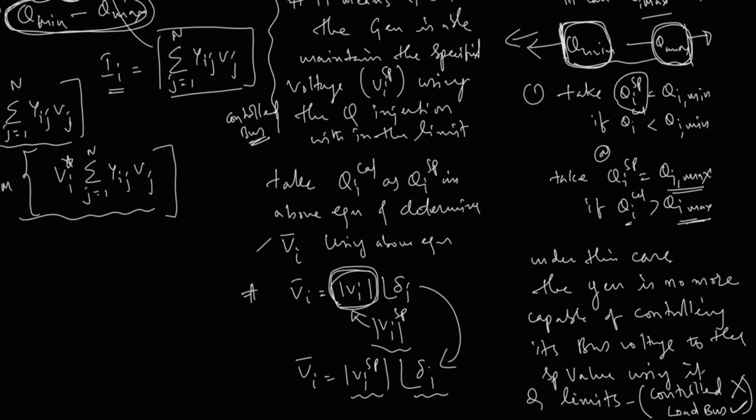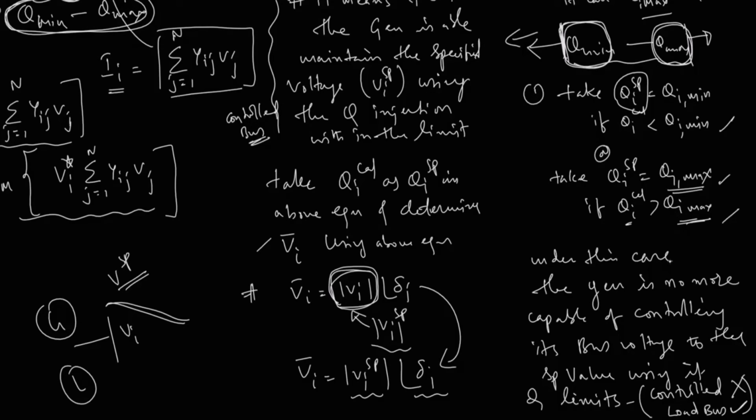Now when it is not supplying the required amount of reactive power to maintain the voltage, and it is freezing its limit to either minimum or maximum, then accordingly its bus voltage will deviate from the specified quantity. Okay, so under this case, this bus is no more a generator bus. Now it will act like a load bus.